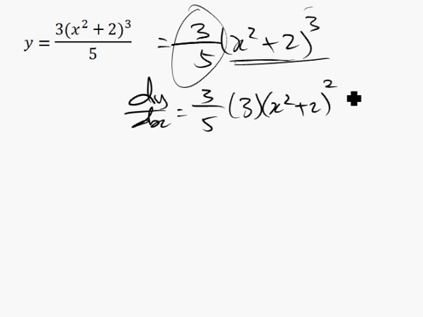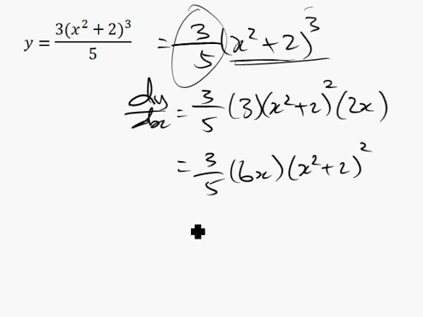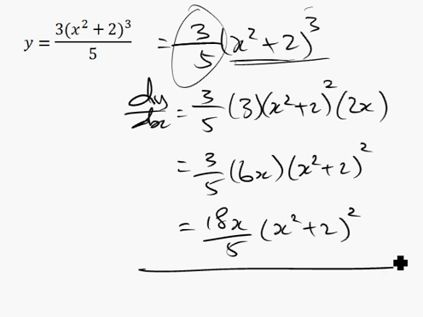Remember to differentiate what's inside here. I get 2x, and then open up the brackets. So this is 3 over 5 multiplied by 6x, x squared plus 2 squared. Open up this further: 18x over 5 times x squared plus 2 squared. There, done. Very easy. No need to use quotient rule.